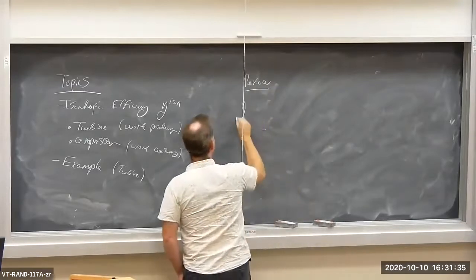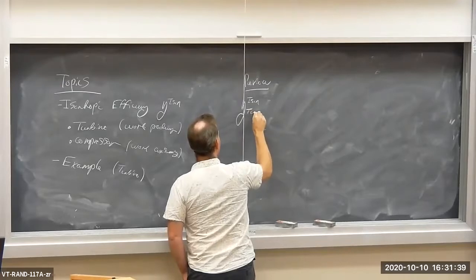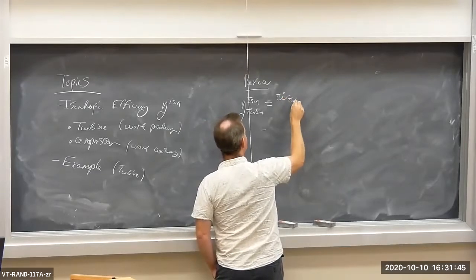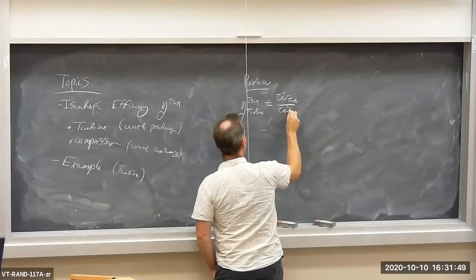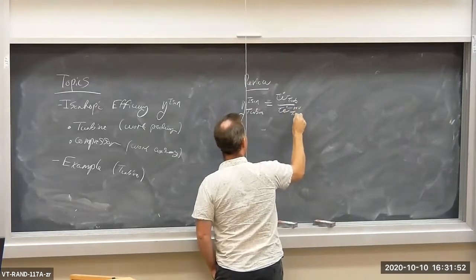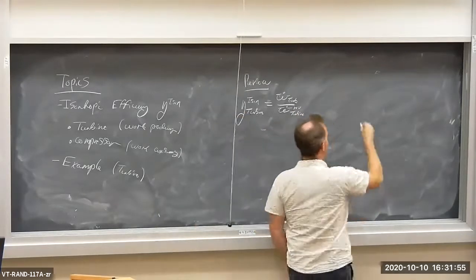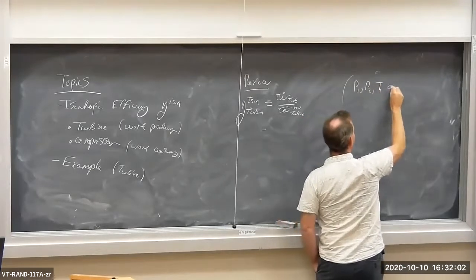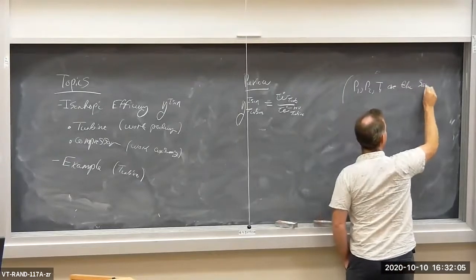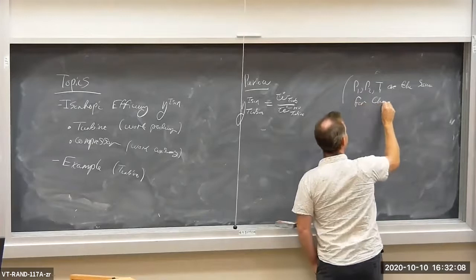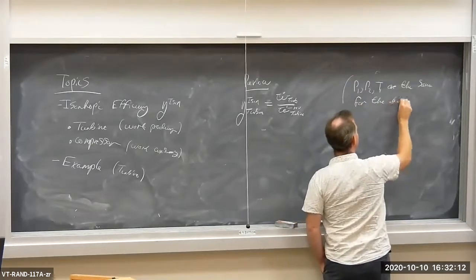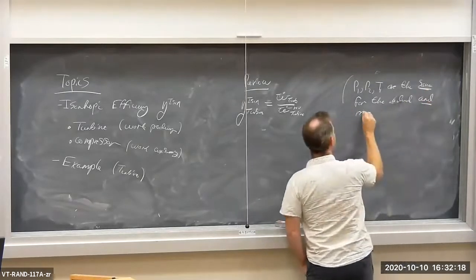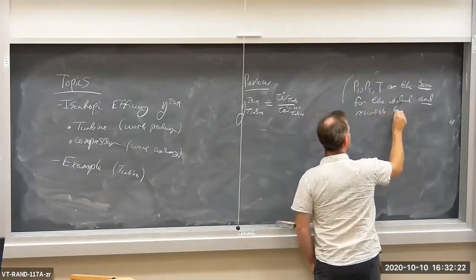The isentropic efficiency for a turbine is defined to be equal to the power produced by the turbine divided by the power produced by the equivalent reversible turbine, where P1, P2, and T1 are the same for the actual and reversible turbines.